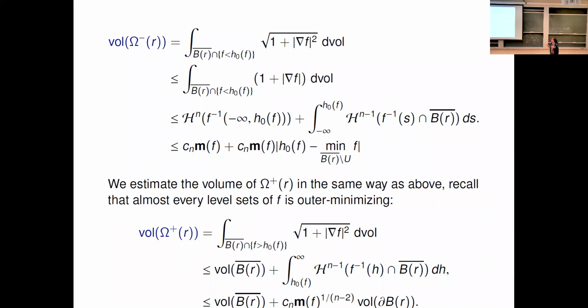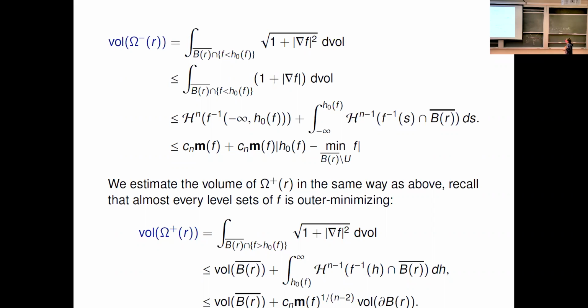So this is just the coarea formula, the isoperimetric inequality, and those two conditions that I told you. And as expected, the volume below this line is going to be very small, and it's going to converge to 0 if the mass converges to 0.